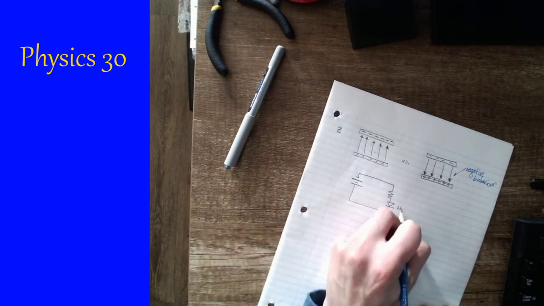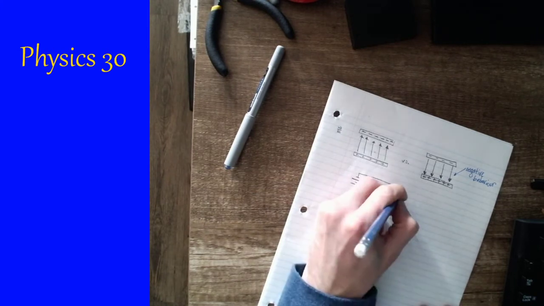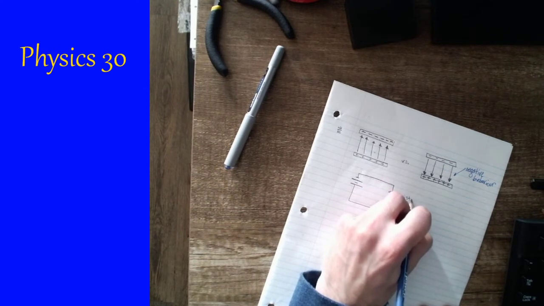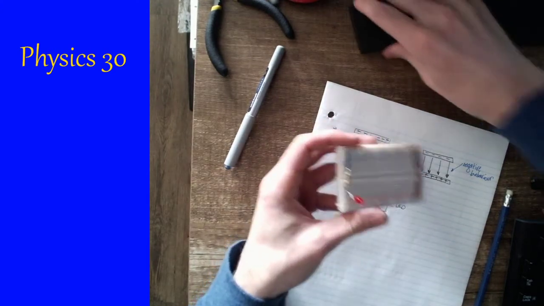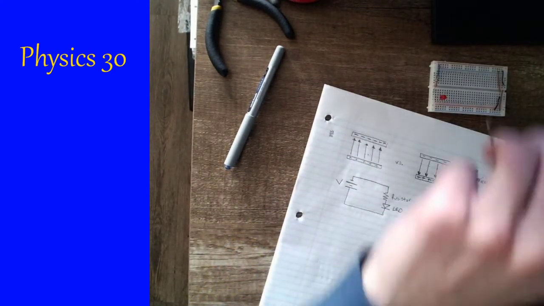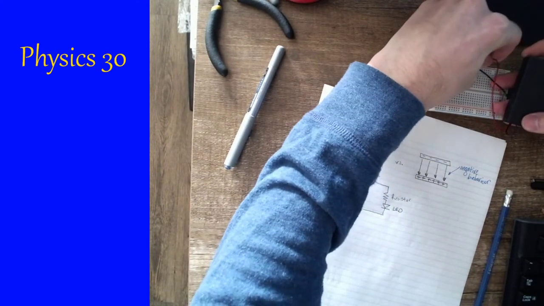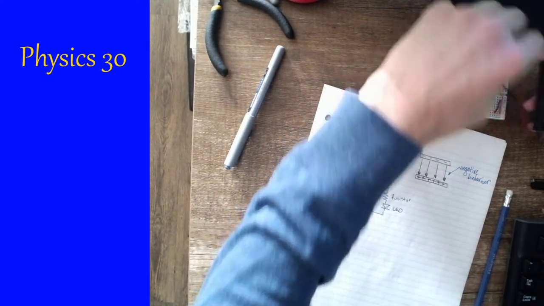So here's our LED, here is our resistor, and this is our voltage source. Okay, so let's build that circuit, which I have right here, and let's hook it up and see what happens.